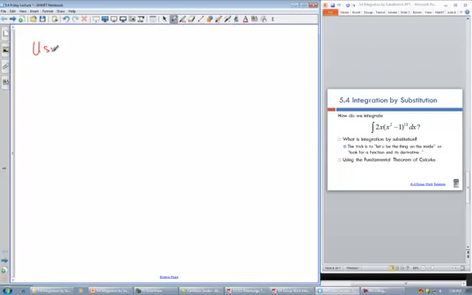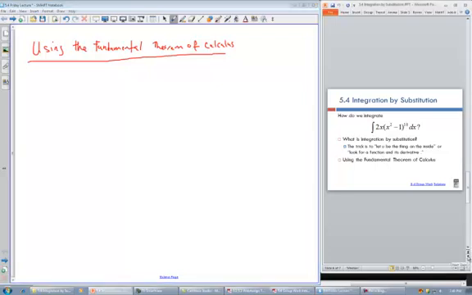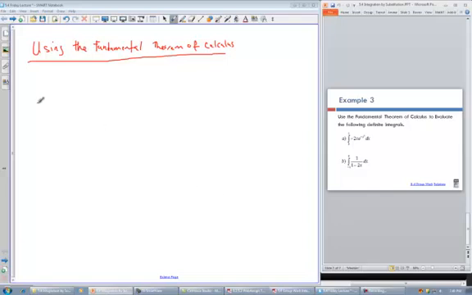Using the fundamental theorem of calculus. And let's just do an example of how this works with using substitution and the fundamental theorem to do a definite integral. So here are some examples. So use the fundamental theorem.